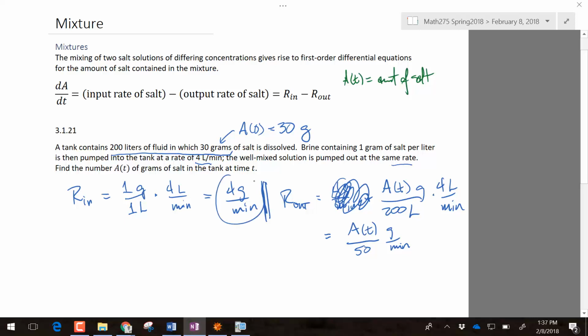We have R in, we have R out. Let's see if we can write our differential equation. So dA/dt is equal to R in, so that's 4 grams per minute. And then this is also grams per minute, so let's just ignore the units at this point. Minus A over 50.